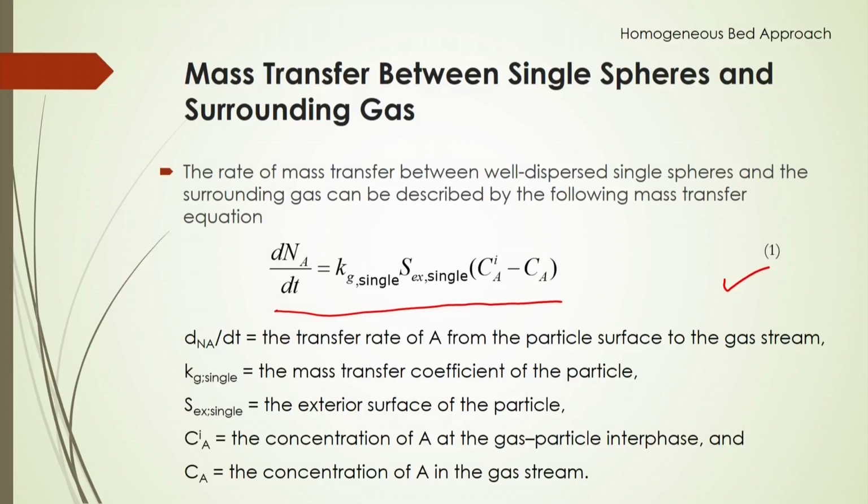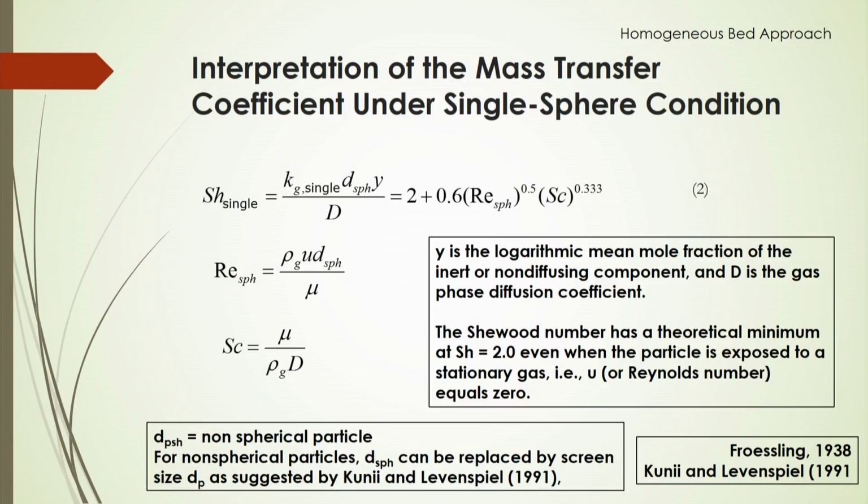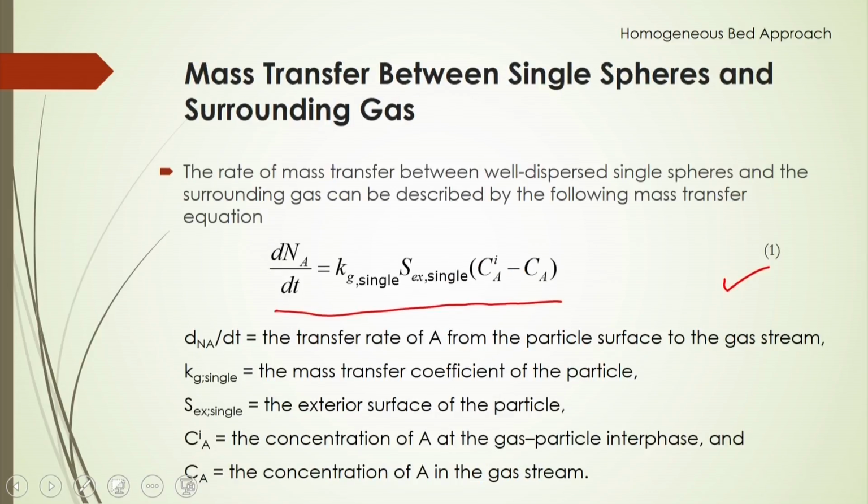So, by equation 1 you can represent the mass transfer rate from this single particle to the gaseous stream, and the mass transfer coefficient Kg,single that we have here in this equation.